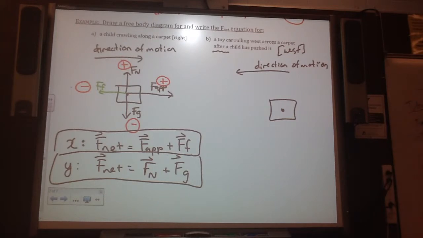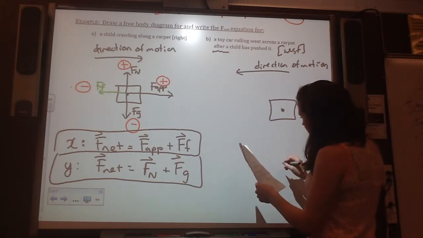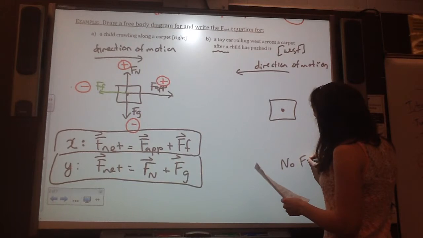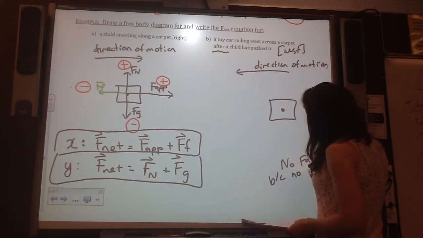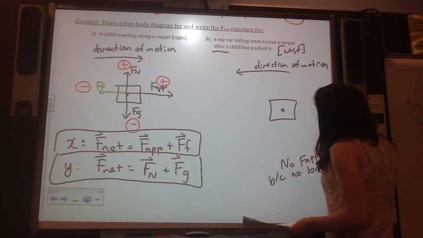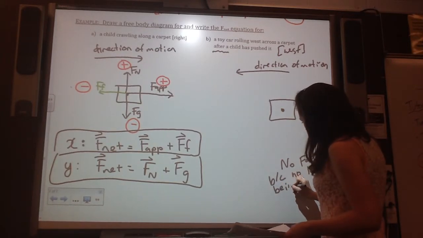Is there an F app? Is a force being applied at this moment in time when I'm looking at the toy car? No, it's after the child has pushed it. So there is no longer an F app being applied. So I'm going to make a note to that. No F app because no longer being pushed.